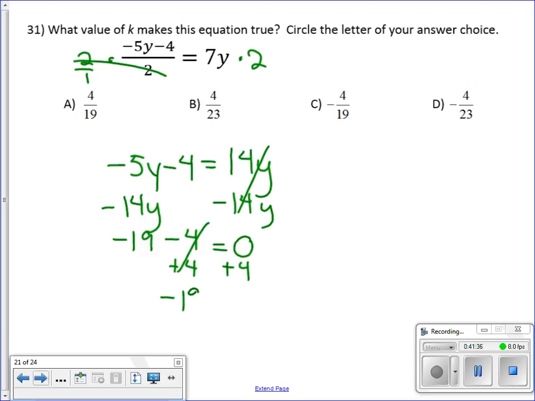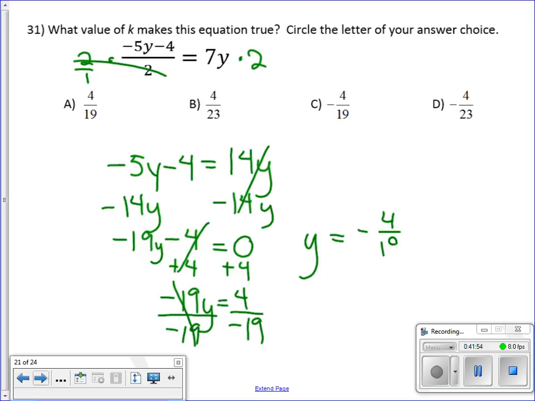I have negative 19y. Negative 19y is equal to 4. I'm going to divide both sides by negative 19 to get rid of that. And now I have y is equal to negative 4 over 19. So there's my answer right here. C is my answer.